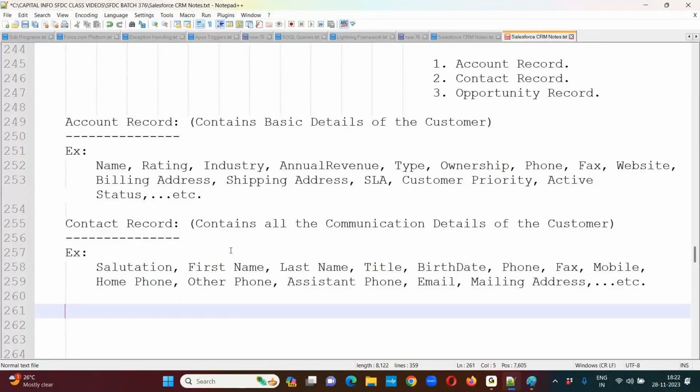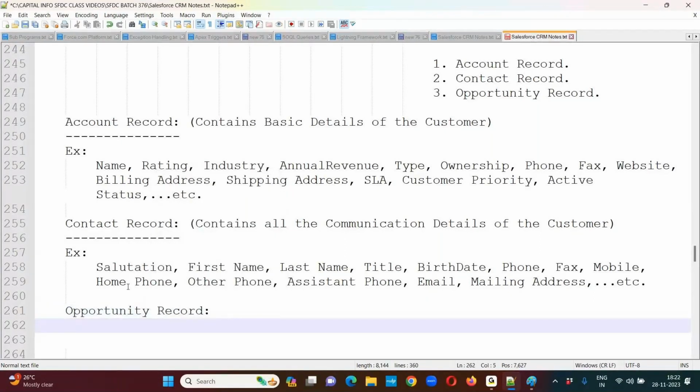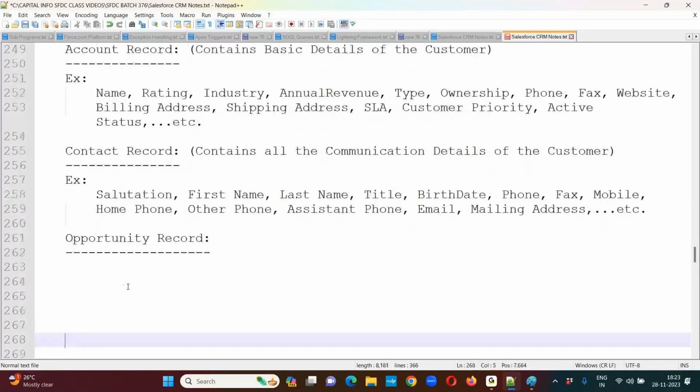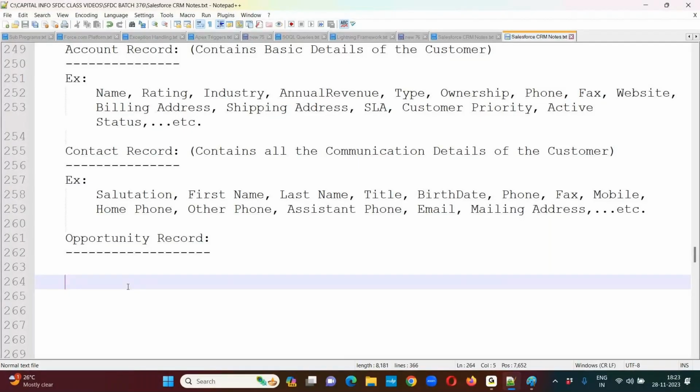Next one, the third one, opportunity record. What exactly does the opportunity record indicate? What did you understand with this word? The potential buyer, potential customer, possibility of the consumer or lead, potential benefits of the customer, prospect.